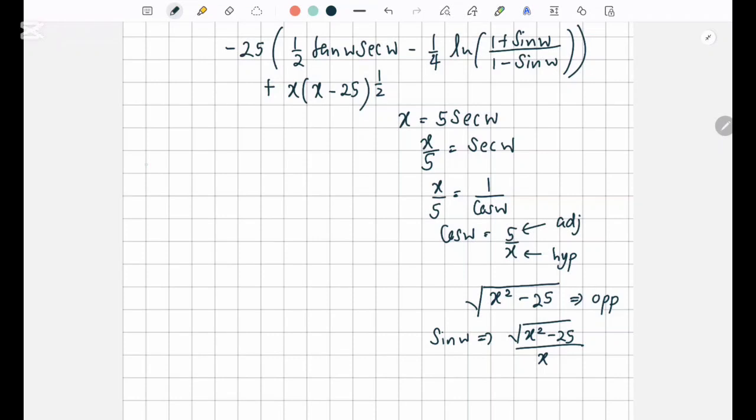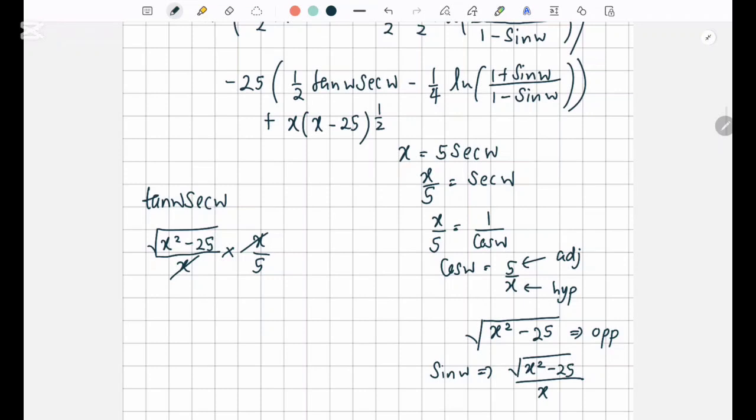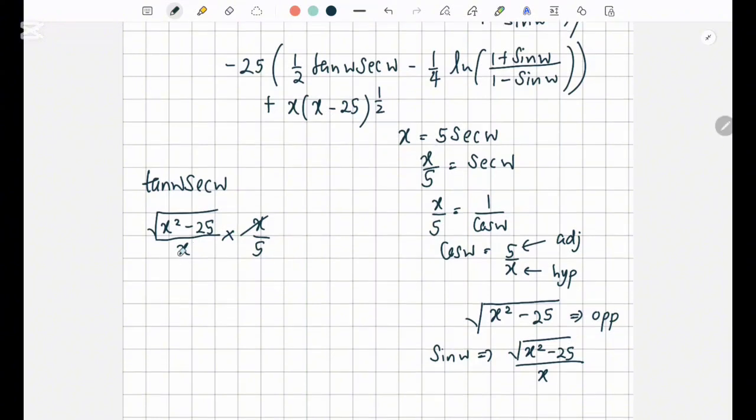So then tan w sec w would be root x squared minus 25 over x into sec w, which is x over 5. So you can see these two cancel off. Oh, hold on a minute, it should be root x squared minus 25 over x. That's sine w, I'm sorry.